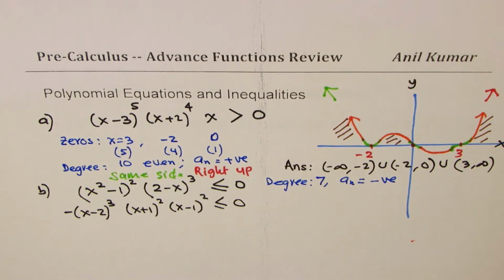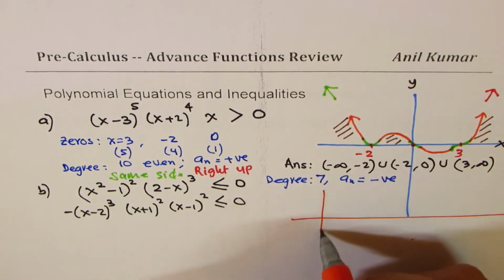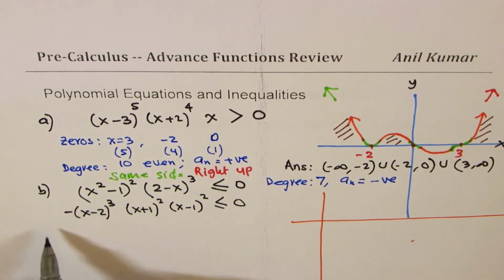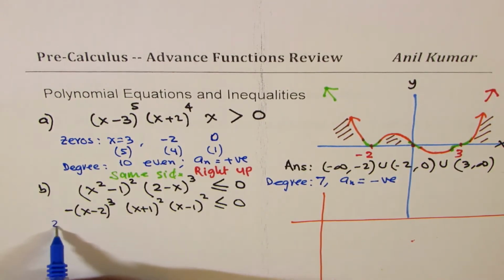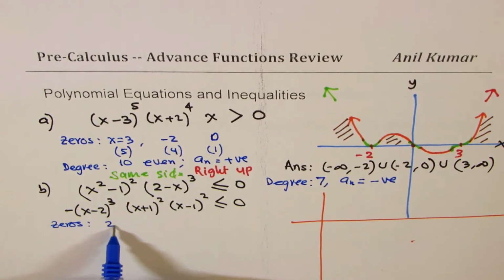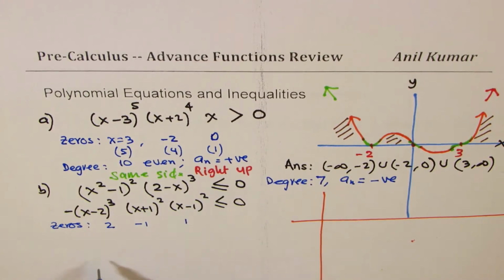Now let me share with you the method of making a table and then figuring out the solution of inequalities, right? So we'll do that. So what we see here is that we have zeros at, so let's write down our zeros. At 2 we have a 0, and we have 0 at minus 1 and also at 1.